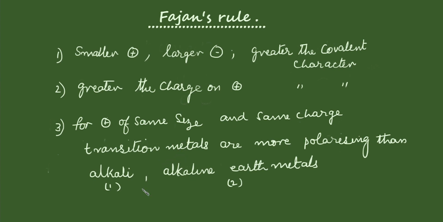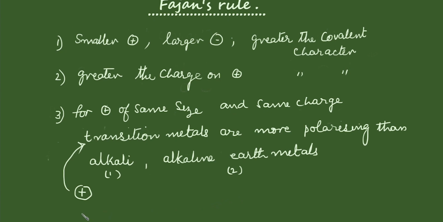What does this mean? Let us suppose there are two compounds. In one of the compounds, the cation is transition metal, and in another compound, the cation belongs to alkaline earth metals. We are not referring to the anion. Their sizes are same.